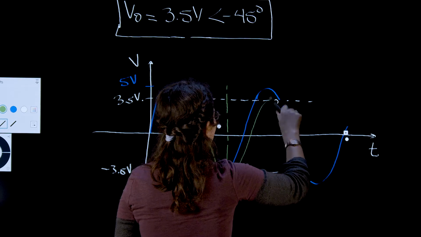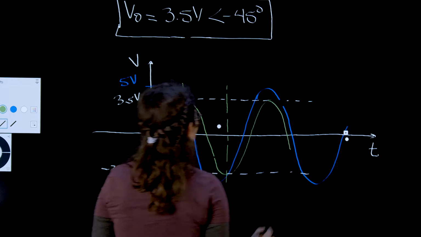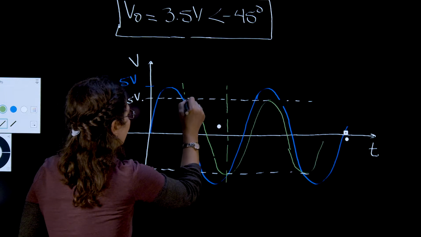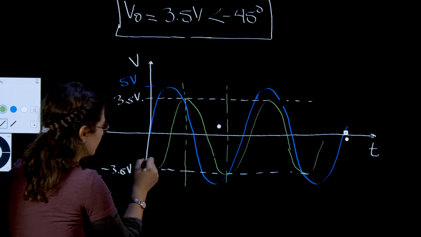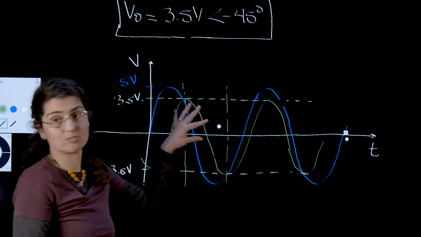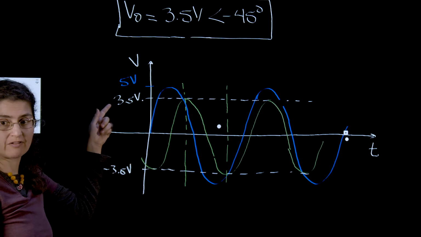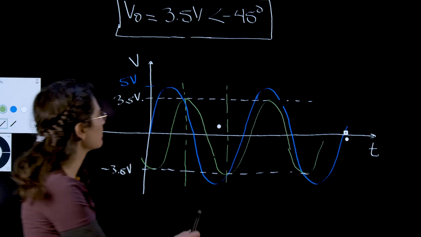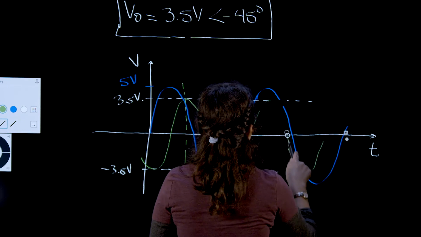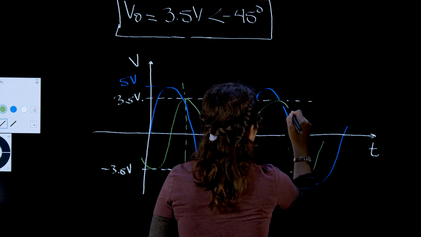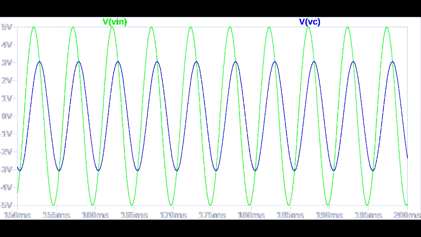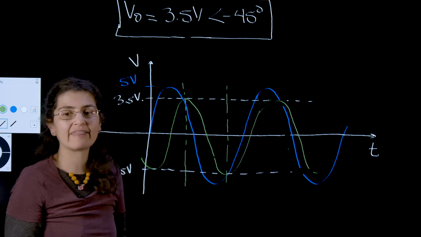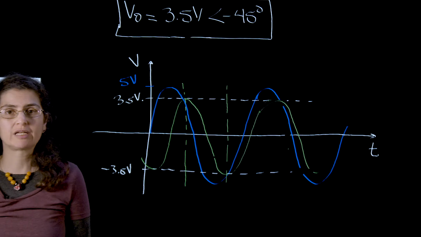So it would look more or less like this. It's got a smaller amplitude, which is 3.5 volts here. It should have the same frequency, though it doesn't really look that way. Wait a minute, this was here, I believe. Yeah, it's got the same frequency, and it's just shifted minus 45 degrees like this. And that is how our voltage would look.